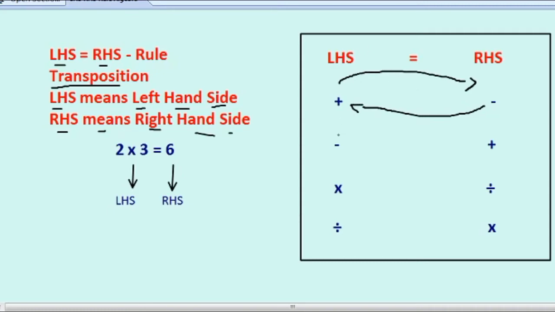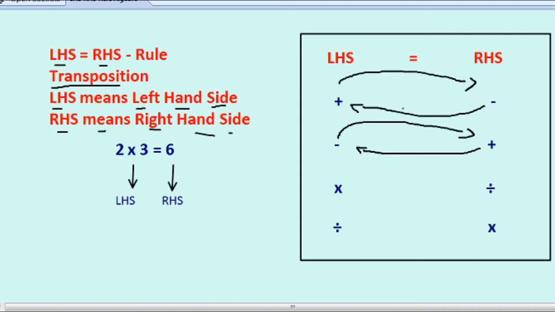In the same way, if there is a negative number on the LHS and it is transferred to the right hand side, it becomes positive. If there is a positive number on the RHS and it is transferred to the left hand side, it becomes negative. Positive becomes negative, negative becomes positive when transferred to the opposite side.